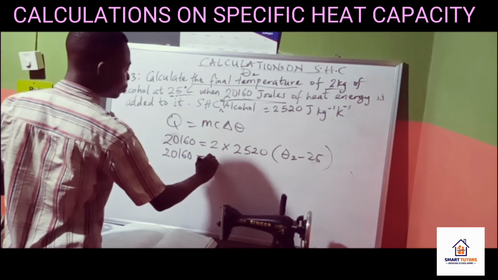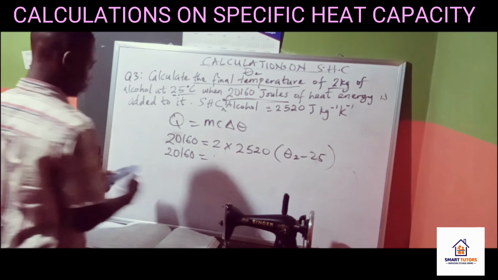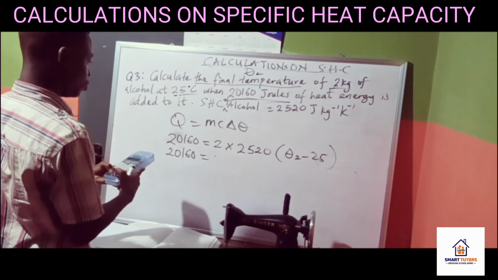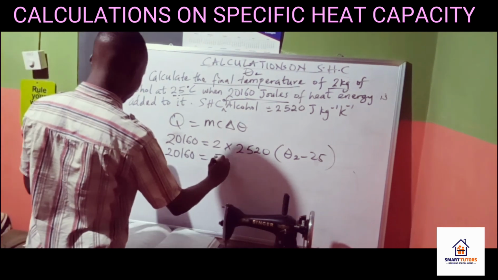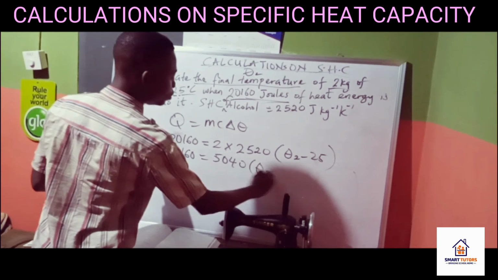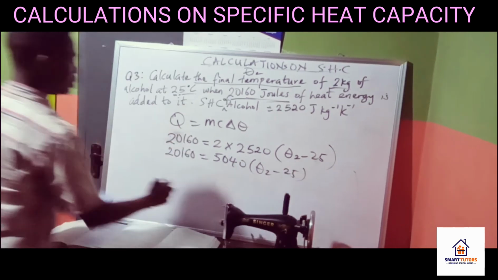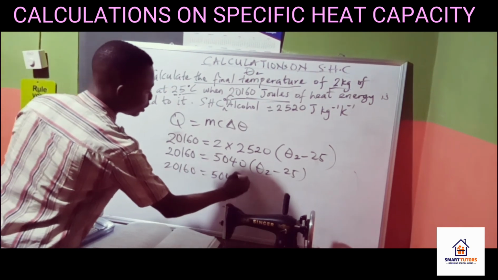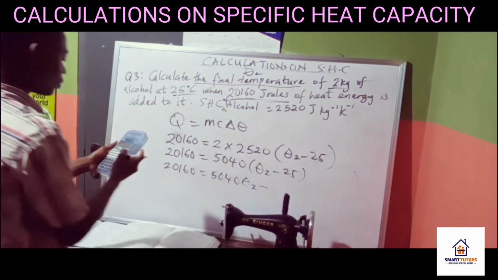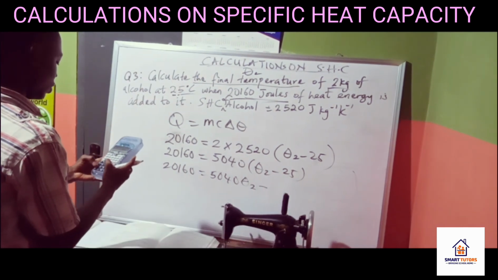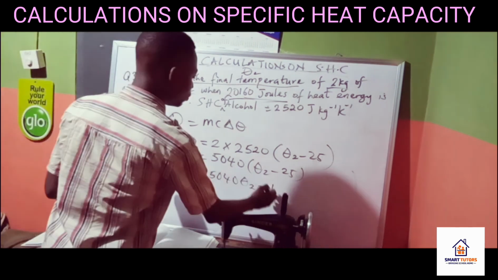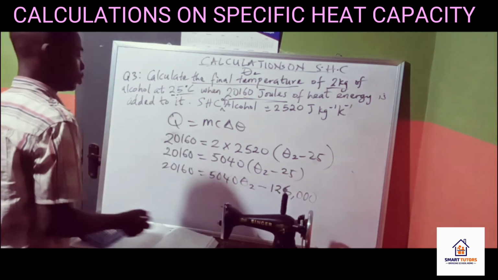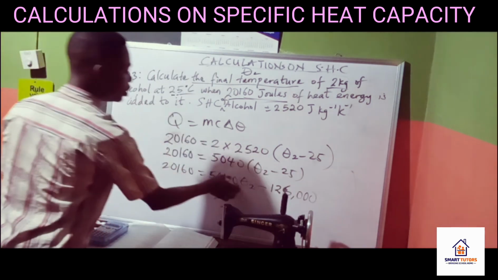So 20160 equals, that's going to be your 2520 times 2, which is 5040. So you open the bracket, it becomes 20160 equals 5040 theta 2 minus 5040 times 25, which is 126,000.